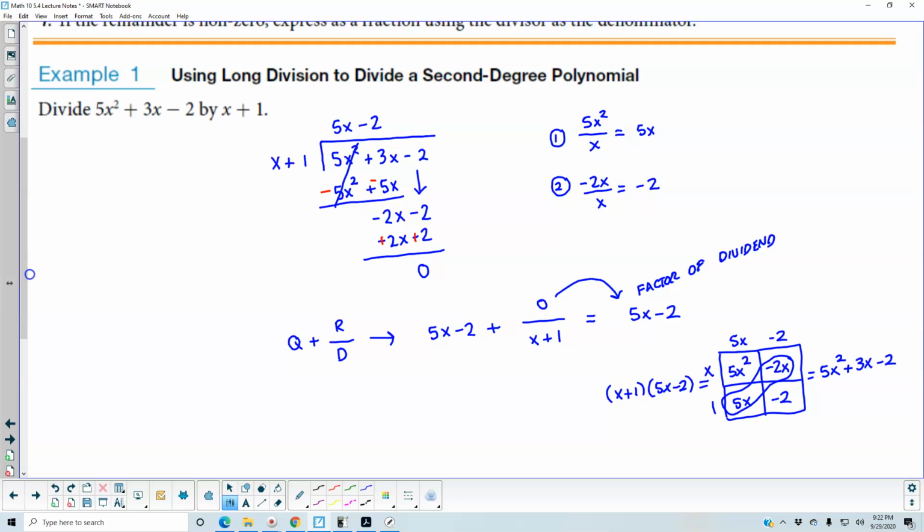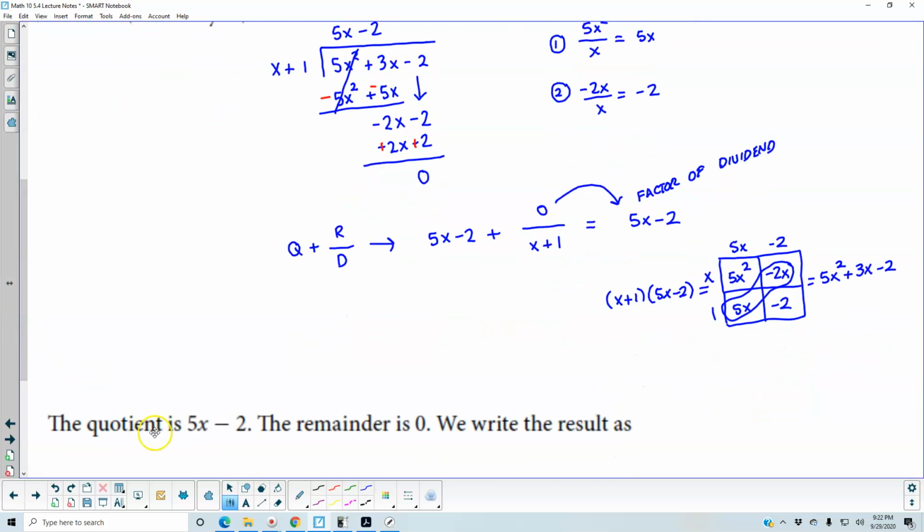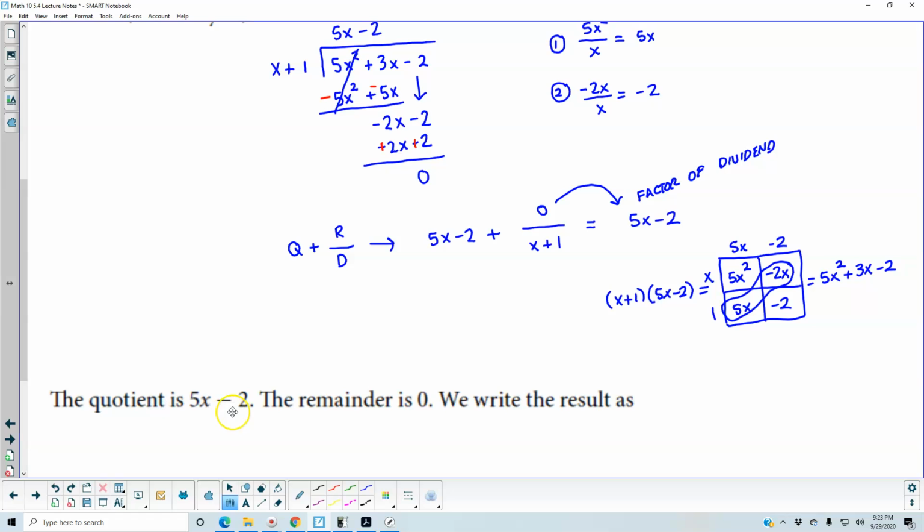So what we're saying is if you get a remainder of 0, then the quotient is a factor of the dividend. Again, the quotient is 5x minus 2 and the remainder is 0.